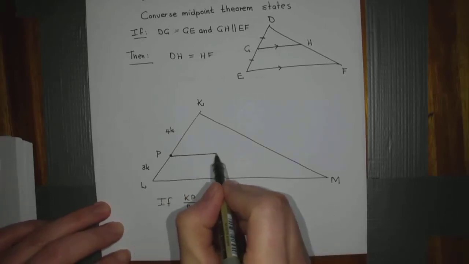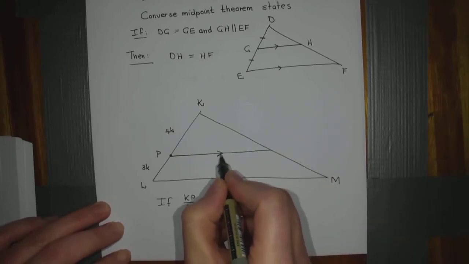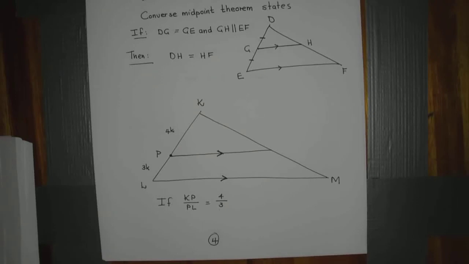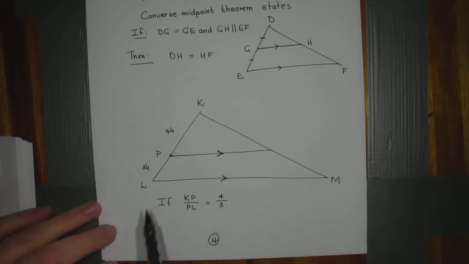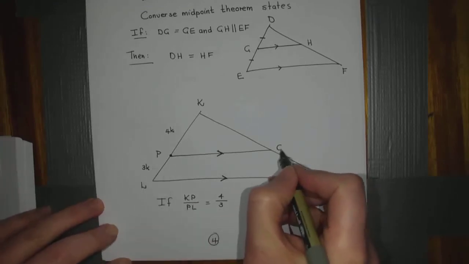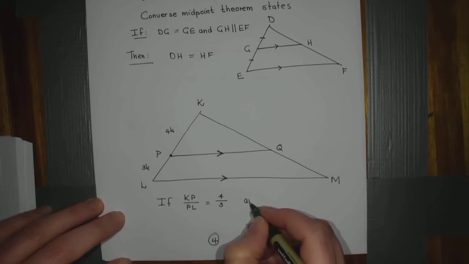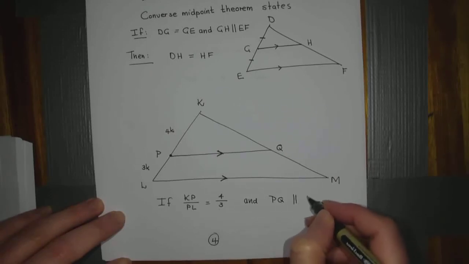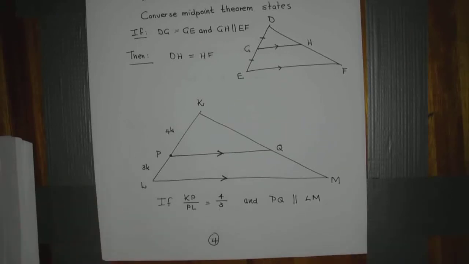And that line, very important, must be parallel to one of the 3 sides of the triangle. So I'll say that means that PQ is parallel to LM. What deduction can I then make about this side?